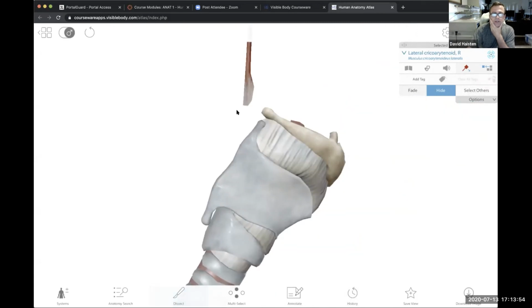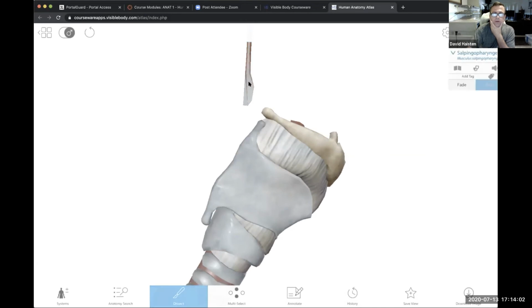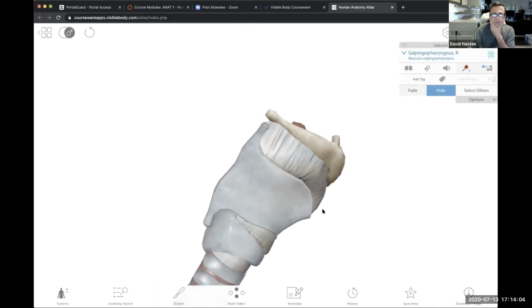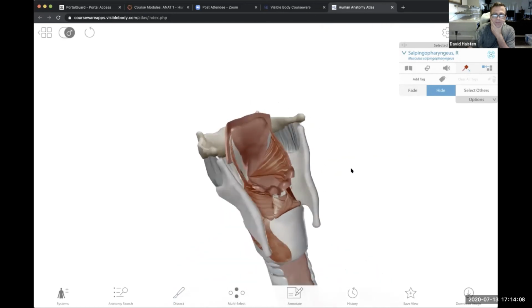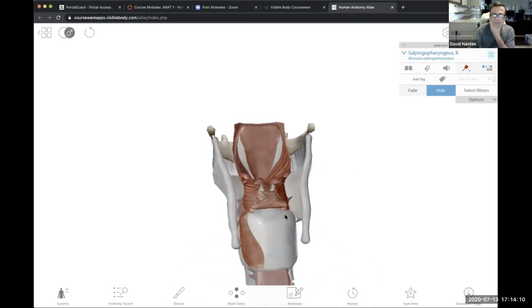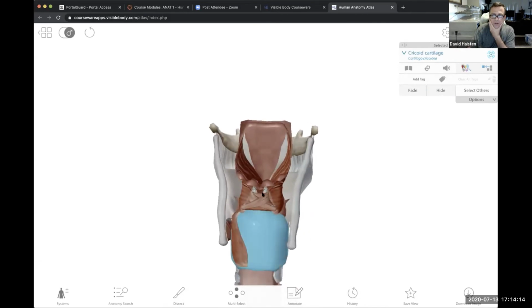Let's get rid of that too. So we're gonna have the cricoid cartilage, all our favorite cartilages.